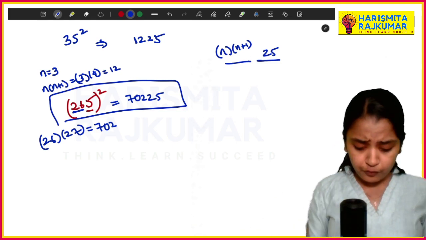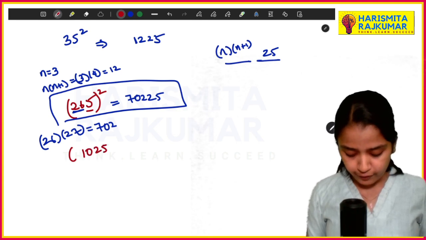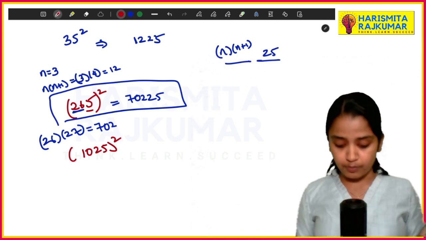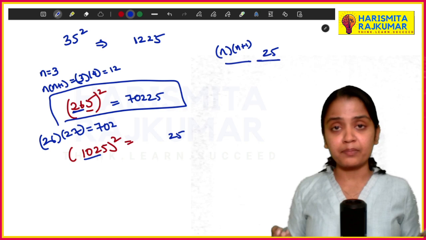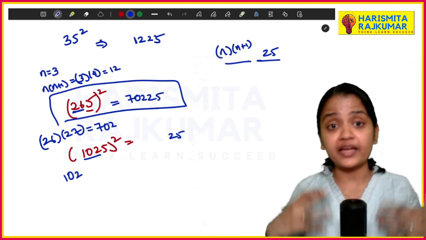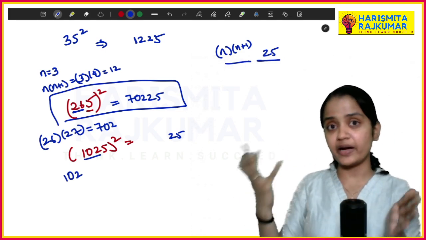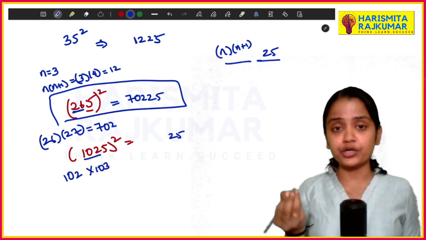Similarly, you can do it for a 4-digit number also. For a 4-digit number, let's see 1025 the whole square. What am I supposed to do? I'm just writing the 25 as such, and the remaining is 102. Instead of squaring the whole number, it is better to multiply 102 into 103.